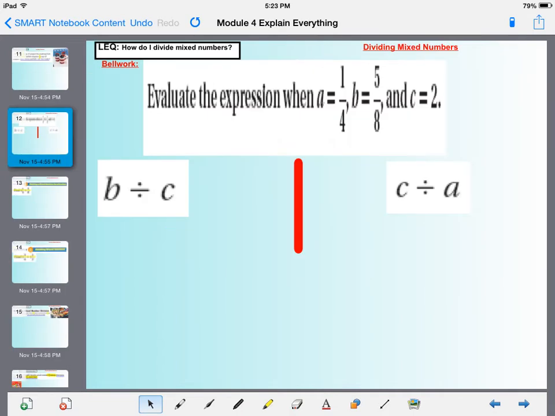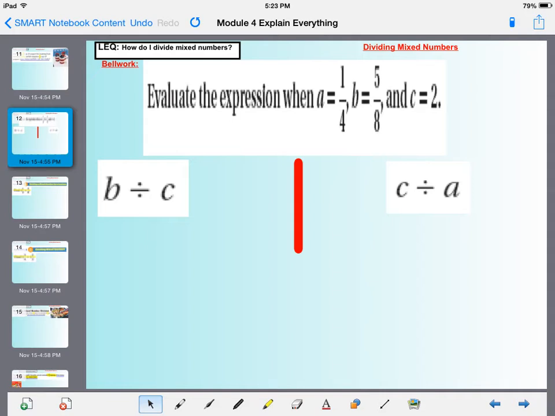I also introduced you to a little bit of simple algebra. I asked you, if I asked you to divide B divided by C, and we talked about how that would be impossible because in our world we don't divide letters. But when letters represent a number, those are variables, and so B does represent something, and it does tell us what they represent.